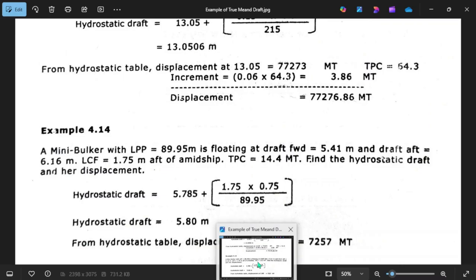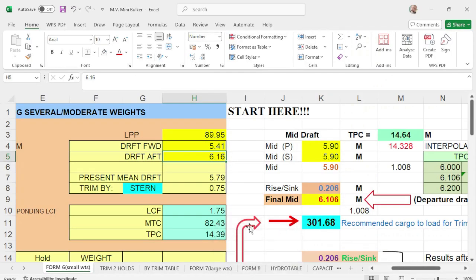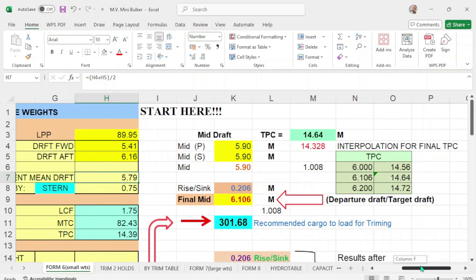And transpose the midship. Now his midship is 5.785. Midship is 5.79. I already ran this one. That will be the midship. Okay.